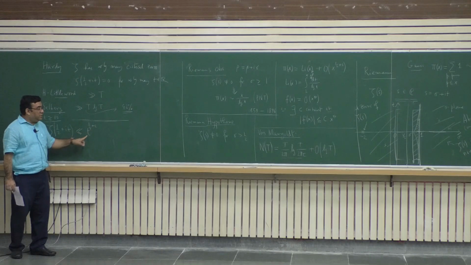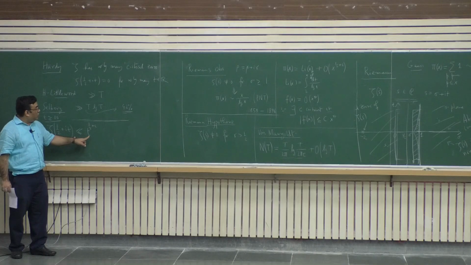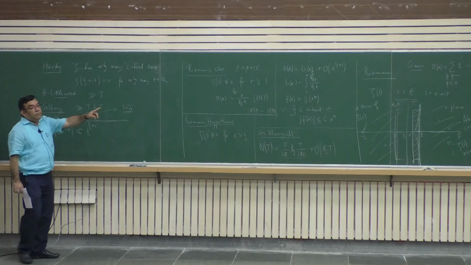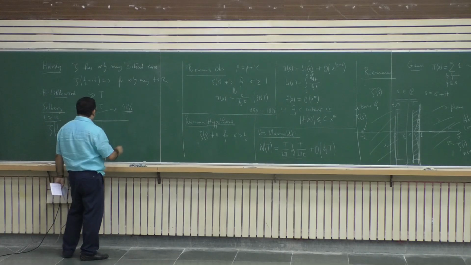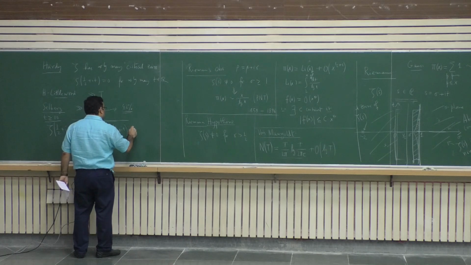Now, the Riemann hypothesis implies that the growth will be very small. So it is very slowly growing. It will be going like t to the epsilon. So this follows from the Riemann hypothesis. So for any epsilon positive, the zeta function is bounded by t to the epsilon.